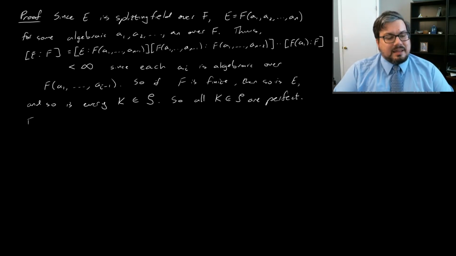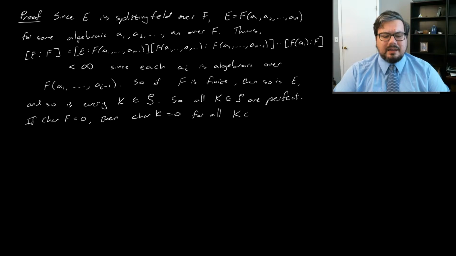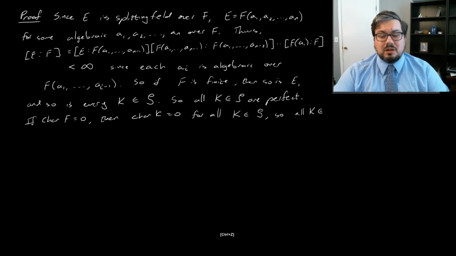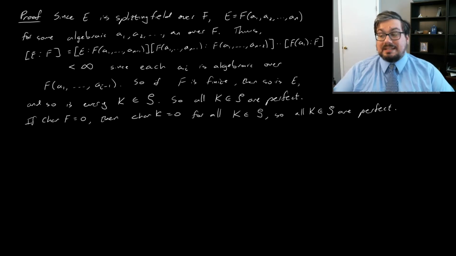Similarly, if the characteristic of F is equal to 0, this was the other option in our hypotheses, then the characteristic of K is equal to 0 for all K in S. So all K in S are again perfect. So under our hypotheses, every element of S is a perfect field, which we will be taking advantage of later.